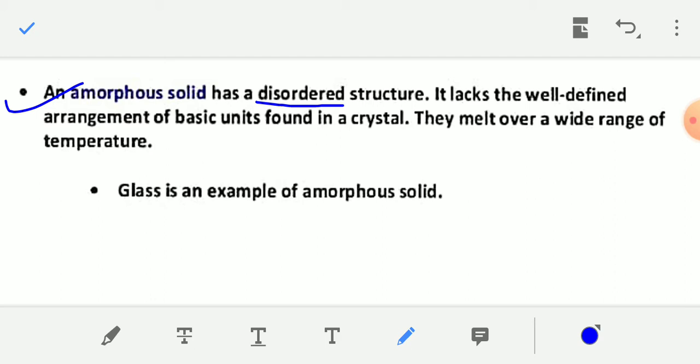It lacks a well-defined arrangement of basic units found in crystal, and they melt over a wide range of temperature. Example of amorphous solid: glass. Rubber, plastic, wood, these all are examples of amorphous solid.